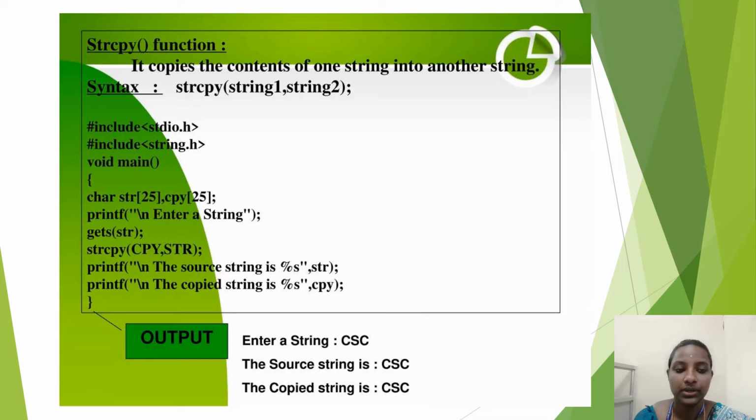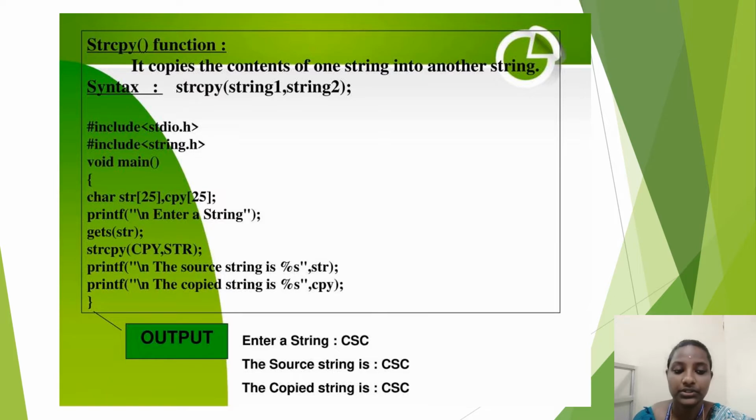So within void main, we are declaring a string as char, and within brackets we have 25. That is, this string can have 25 characters. And the next one is copy, 25. In the printf statement, we are giving "enter a string". So here we are getting a string using gets, a string to be copied.